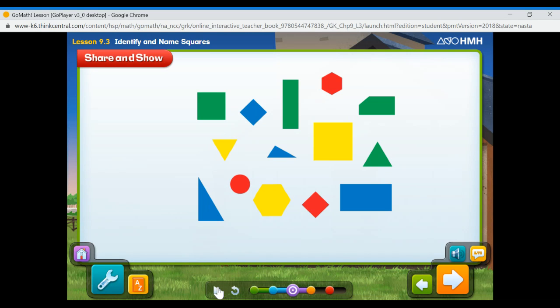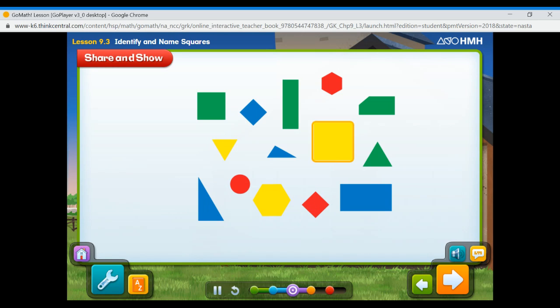Some shapes have more sides than a square. Remember, if it has 4 sides and 4 equal corners, even if it's tilted a different way, it's still a square.